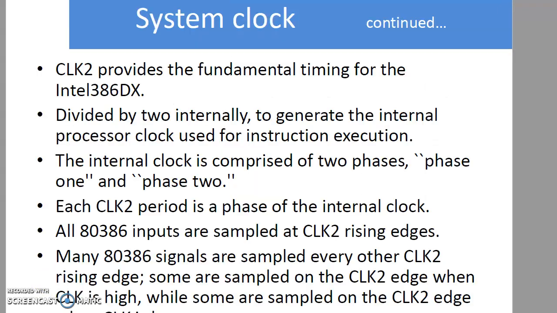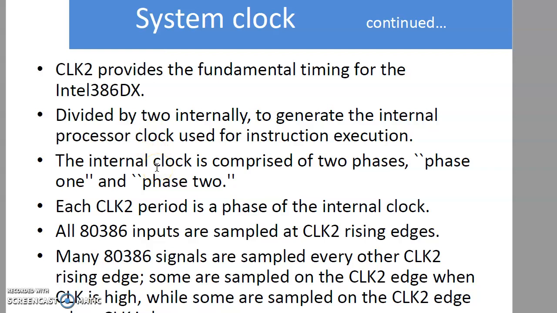So speaking of the system clock, the clock 2 provides the fundamental timing for the Intel 386DX, divided by 2 internally to generate the internal processor clock used for instruction execution. That means the processor clock is half of the system clock.